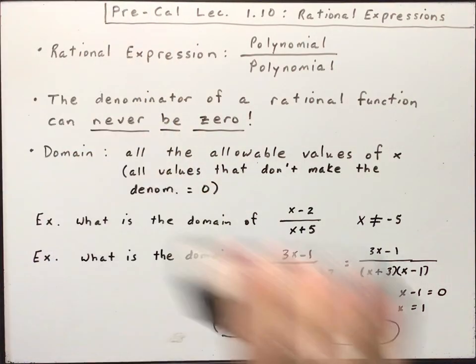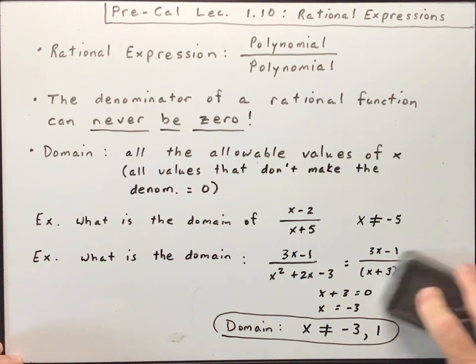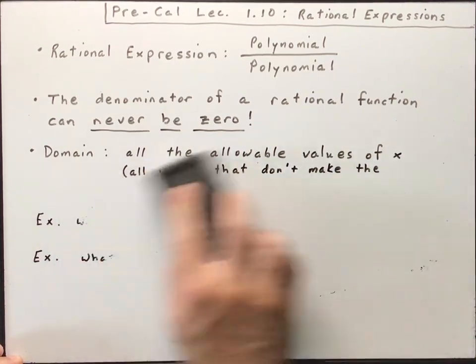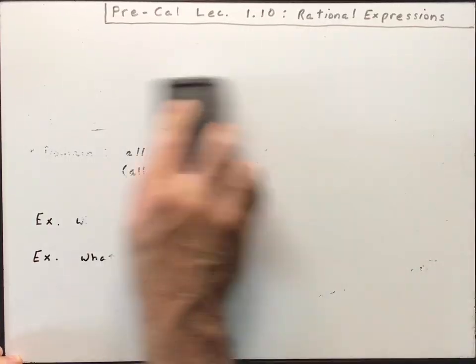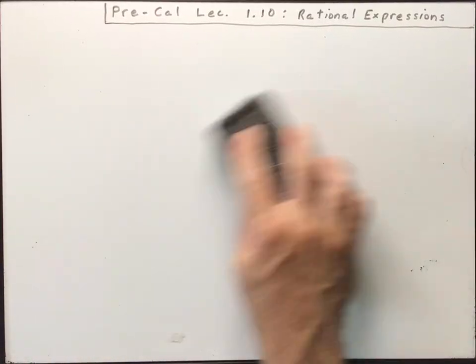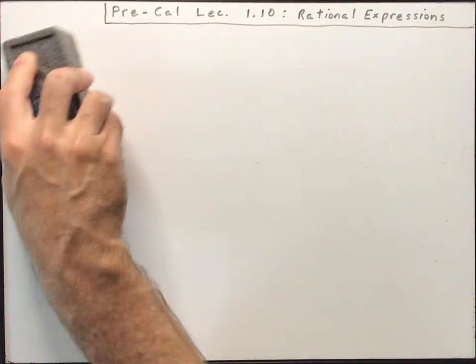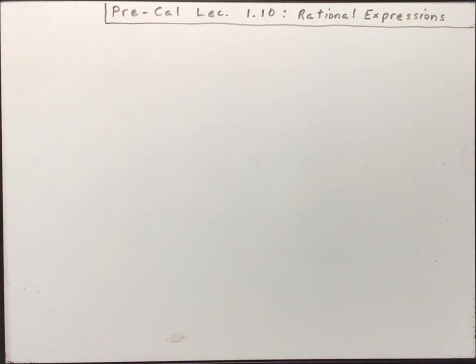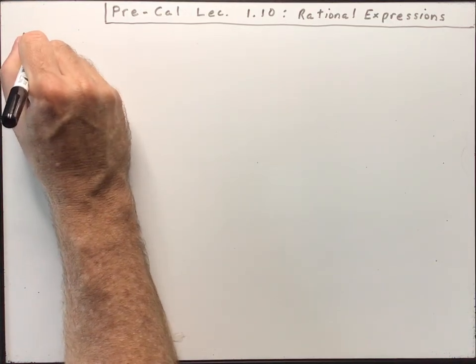All right, so that's what we're talking about with domain. Maybe you did some of that in an algebra class. All right, let's keep going. So this first section where we're talking about the definition of a rational expression, that's section 1.10.1.